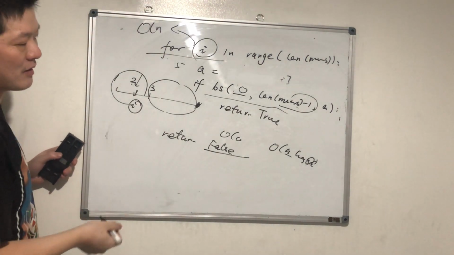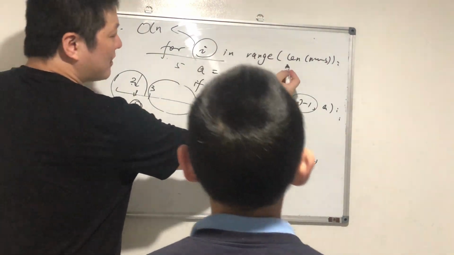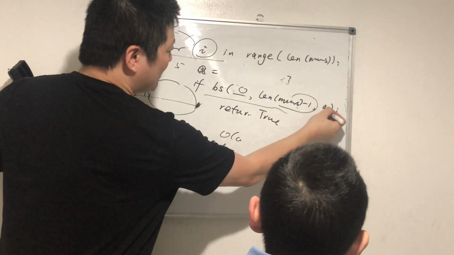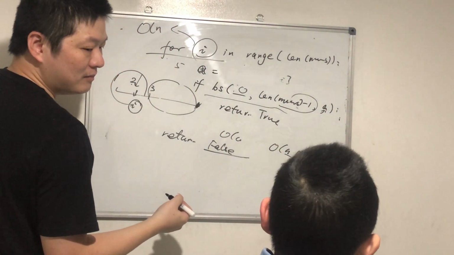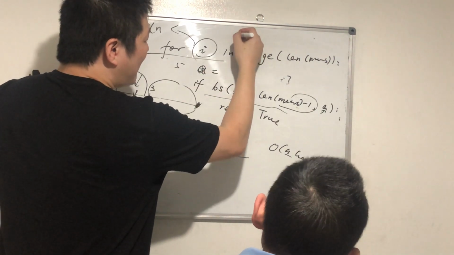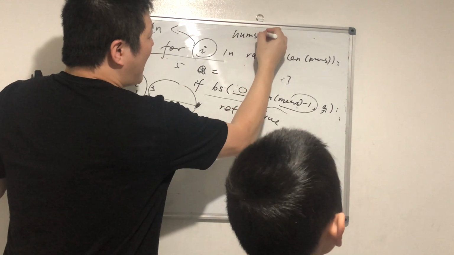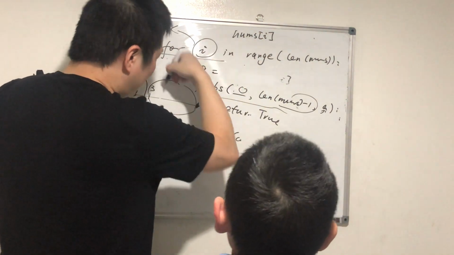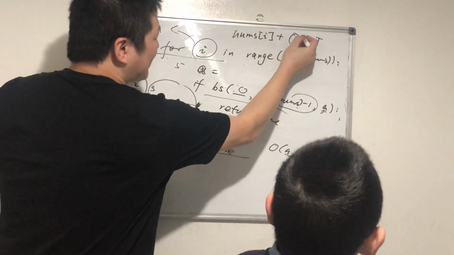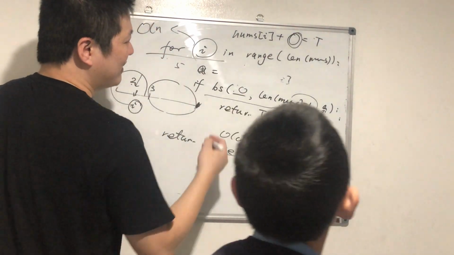For i in range, and a, what's the value we are looking for? What's a equals? Something about i. Because nums[i], the current first number, plus something equals the target number. So this is the number we are looking for. So a equals what?